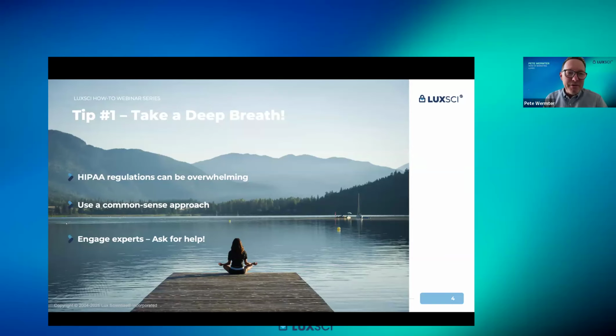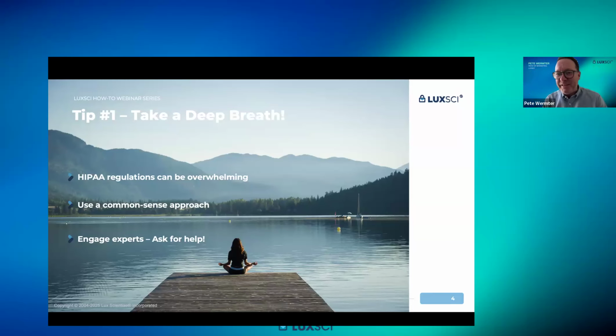And this applies to all of us, and us at LuxSci as well, who are in this every day. The fact of the matter is, HIPAA regulations can be overwhelming. There are lots of different aspects you need to look at, from technical to employees to keeping up to date on the latest rules that HIPAA puts forth. So at times it can be overwhelming. You're not alone with that. The first advice we give people is use a common sense approach.